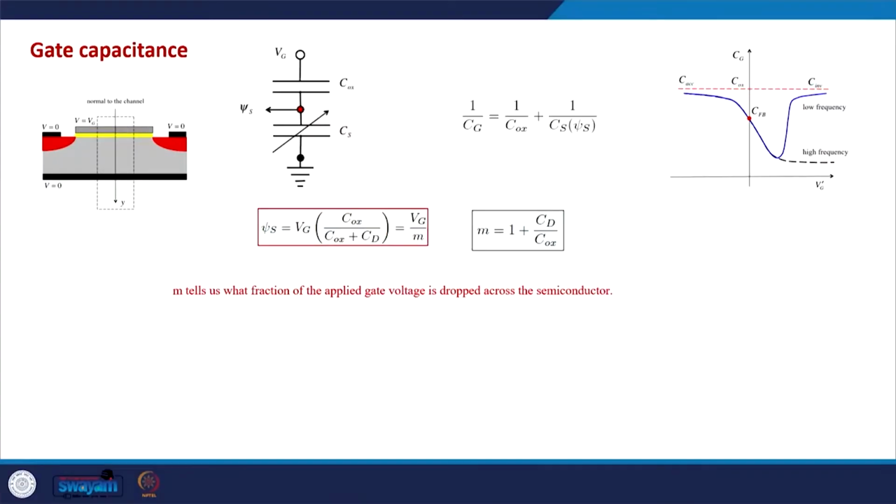Now, what we saw last time is that the relationship between psi s and Vg can also be written in terms of the capacitances, the gate oxide capacitance and the semiconductor capacitance.